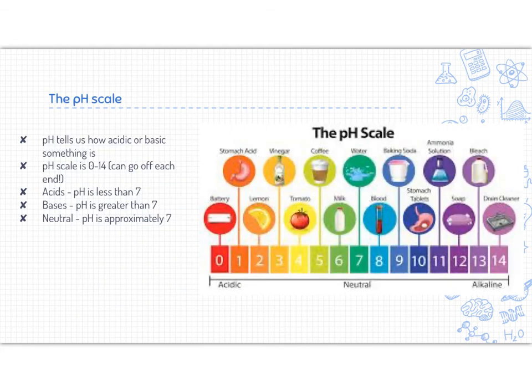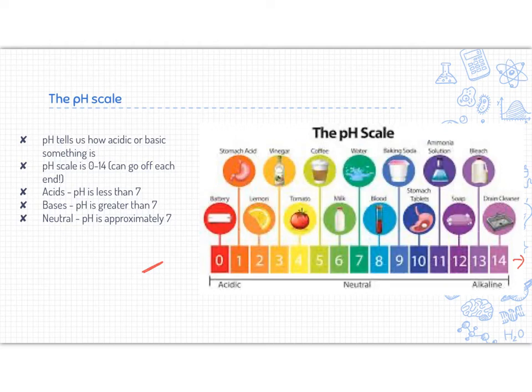The pH scale tells us how acidic or basic something is. It is a range from 0 to 14. However, don't think that it has to be between 0 and 14. We can actually have negative values, which is terrible, and values beyond 14. Those are just super acidic or super basic compounds.